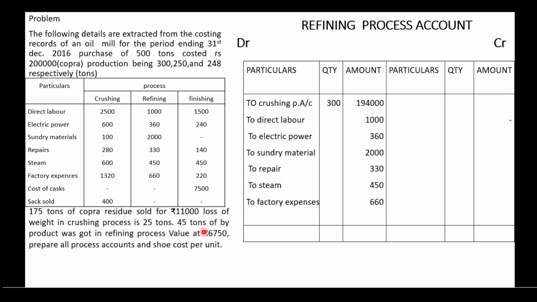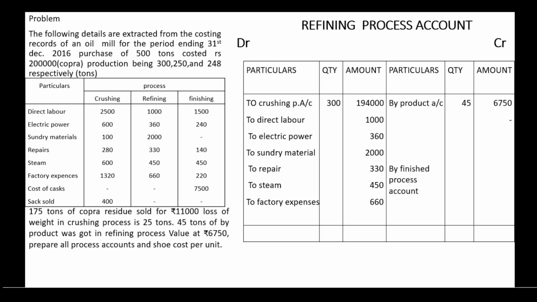So this byproduct is entered in the credit side of the refining process. By product account, quantities are 45 tons and the amount 6,750 rupees.